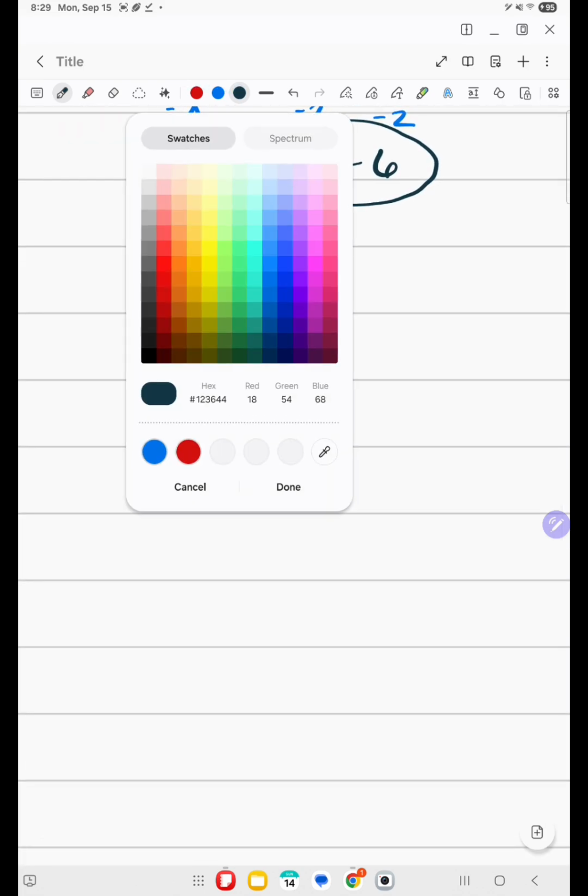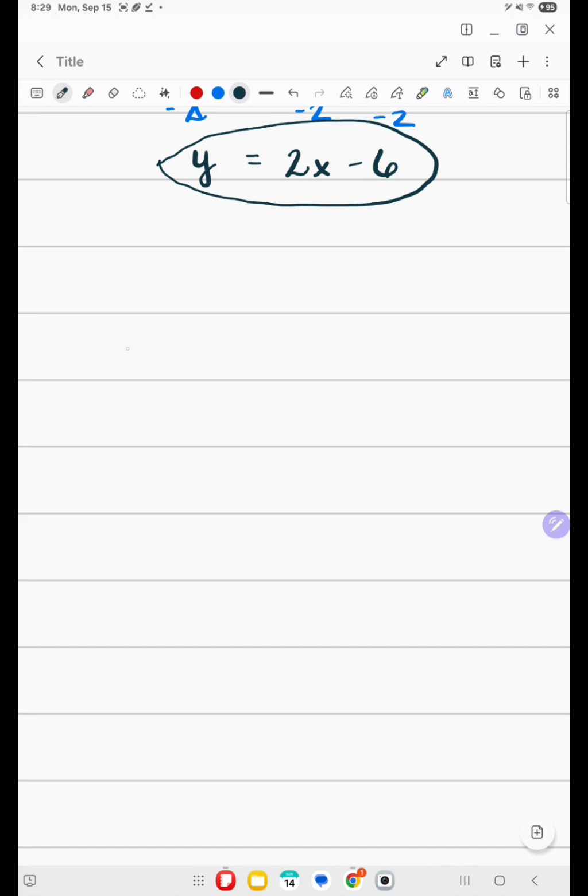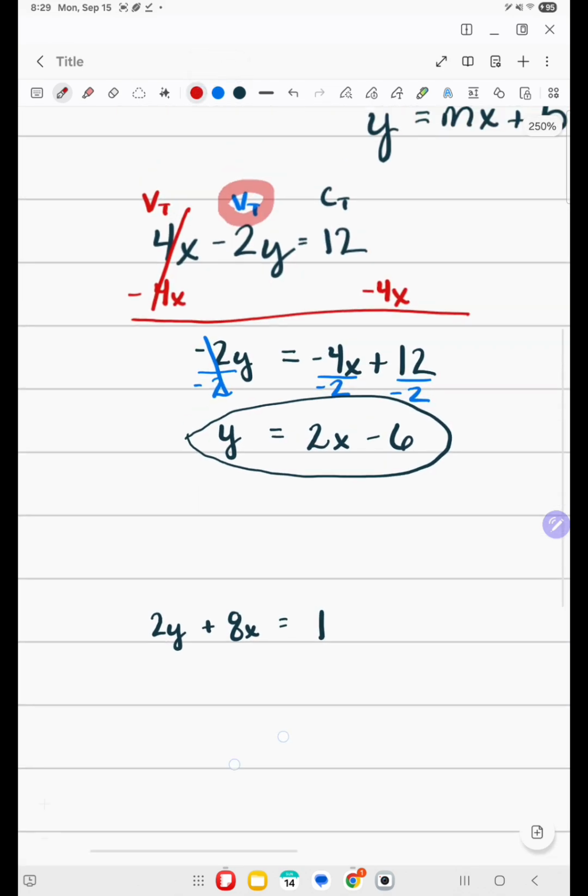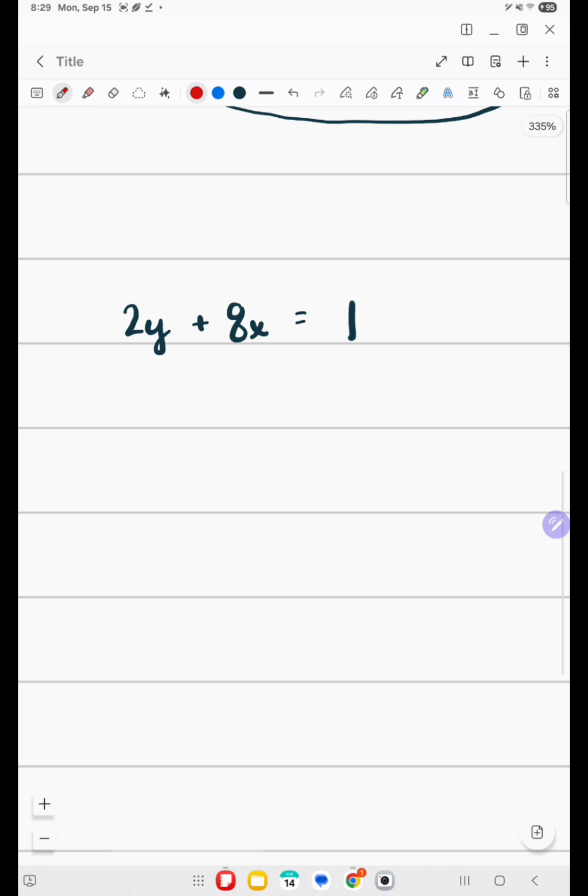Let's do one that looks kind of different. So we have 2y plus 8x equals 1. Let's identify what we have in here. 8x is a variable term, 2y is a different variable term, and just 1 is a constant term.